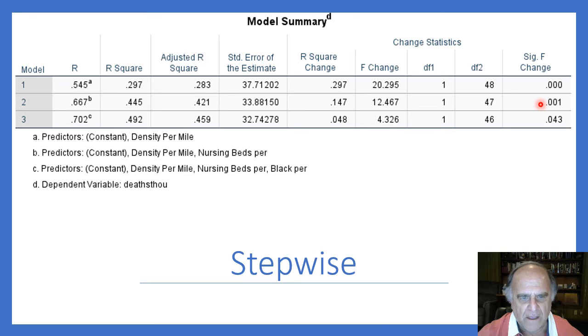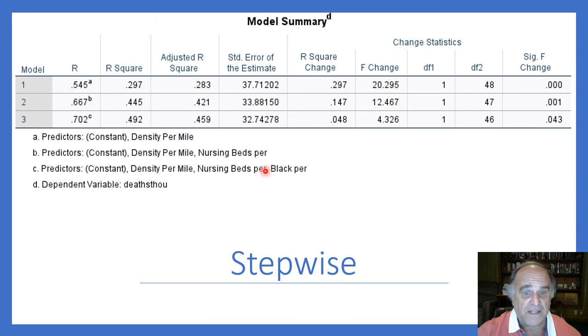And when we add in as a predictor the number of individuals identifying as Black per 100,000 in the population, then we see that our R-squared change is 0.048, and that's still a significant R-squared change.